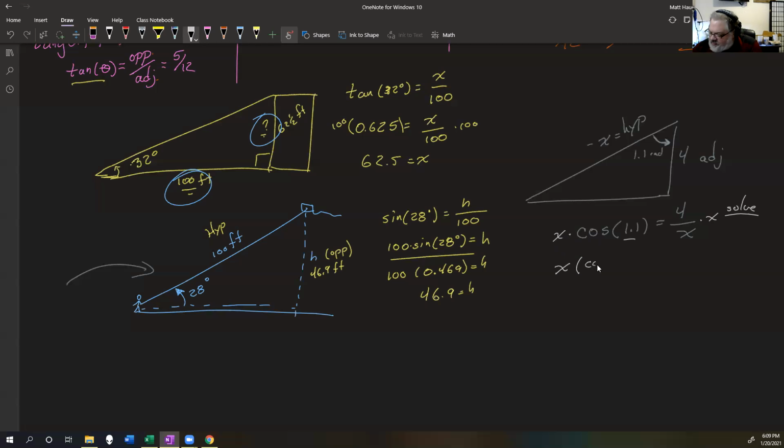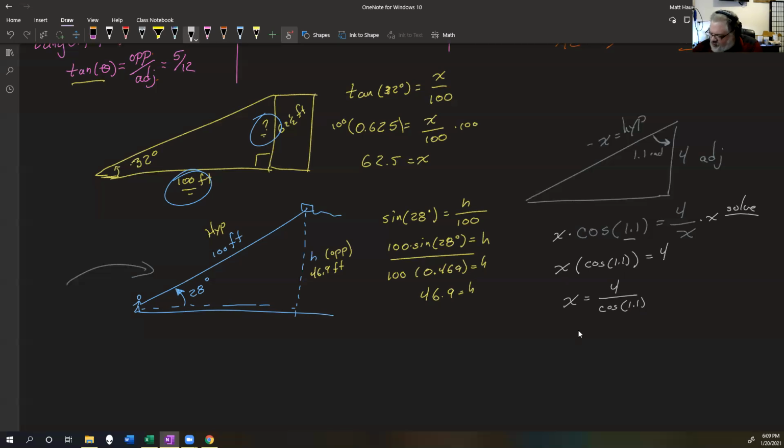So x times the cosine of 1.1 would equal 4. Then we can divide both sides by that cosine 1.1. I find it easier to move the symbols around.